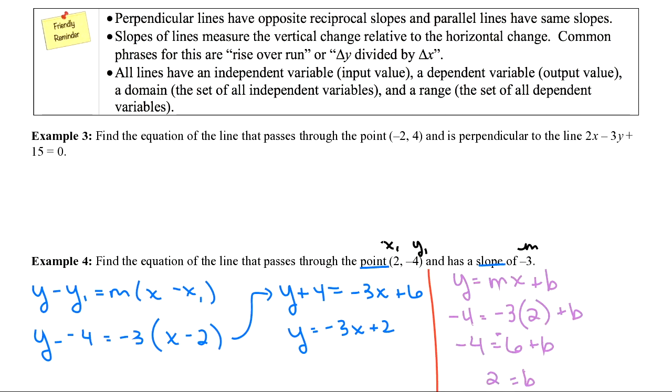And now, using slope-intercept, I know my slope is -3, and I know that my y-intercept is 2. So we would get the same thing, y equals -3x plus 2. Let me fix this 3 for you here, so that we actually get it kind of neat.